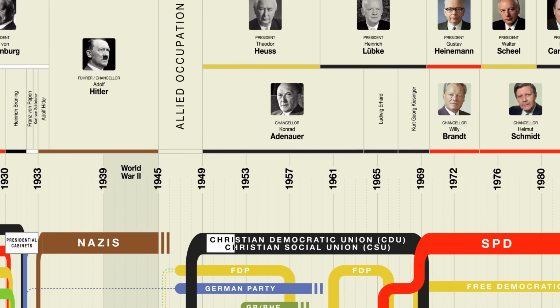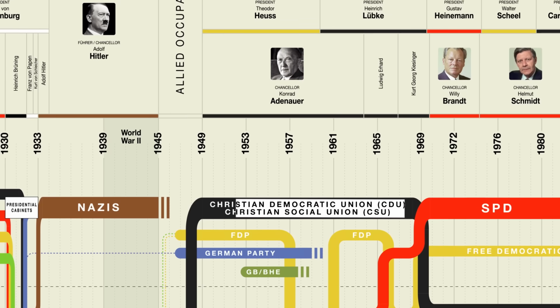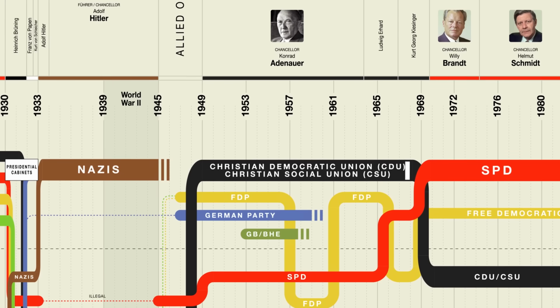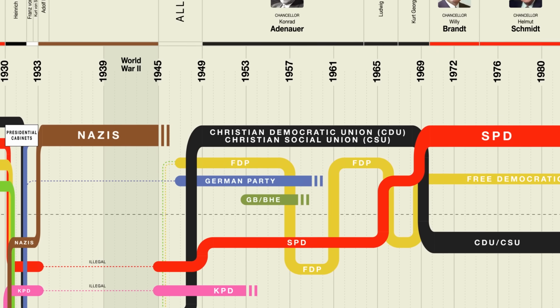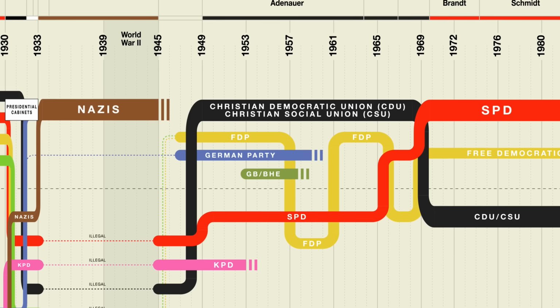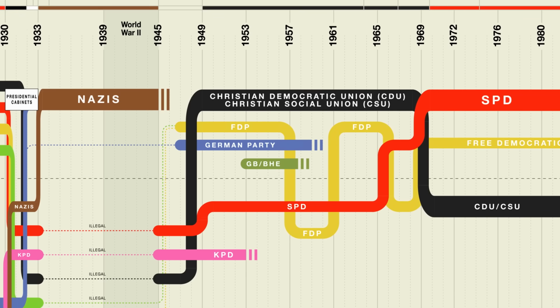The CDU remained the dominant party in West Germany for the first 20 years of its existence, during which time West Germany was able to quickly rebuild its economy. Take note that from this point forward, the years shown represent election years. The CDU always had to form coalitions, though, usually with the FDP, although take note that in 1953, this short-lived party was a part of the coalition as well.